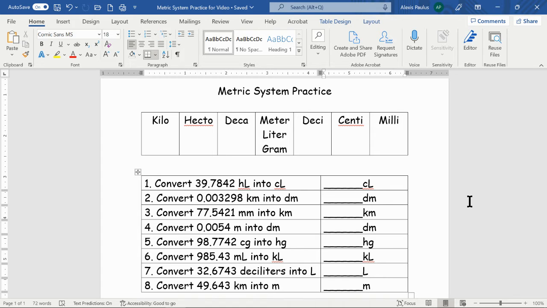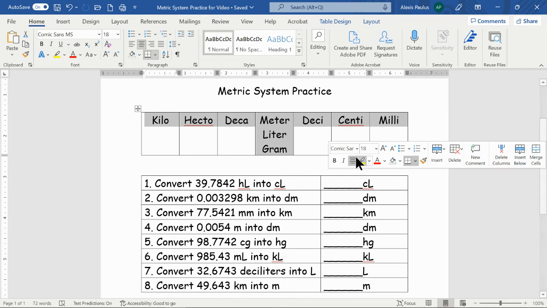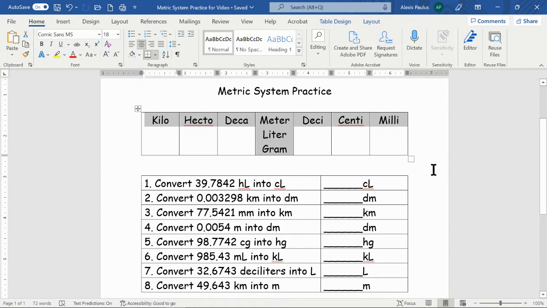So the easiest way to remember how to convert one unit with a prefix, being kilo, hecto, deca, deci, centi, and milli, into another prefix is by using something I lovingly call the grid. For biology, you guys will have the grid on your first unit test.